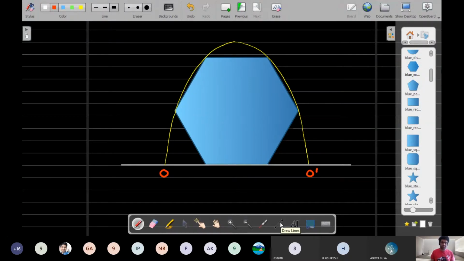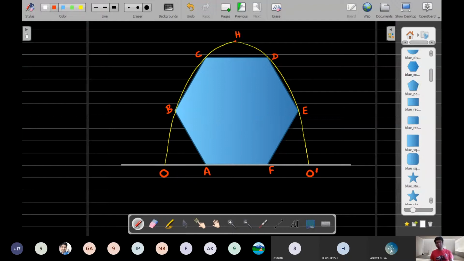It's a symmetric curve about O prime. And then I'll mark my vertices as A, B. I know the vertices given in the question are different, but I would like them in this manner. Not only that, the topmost point of this projectile motion, I'll mark it as H.